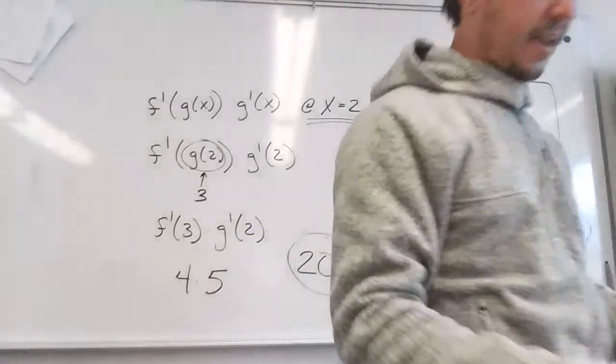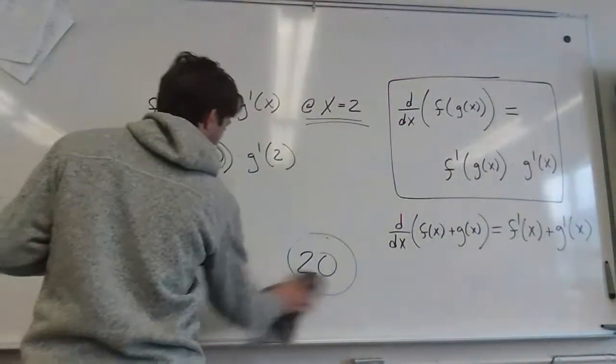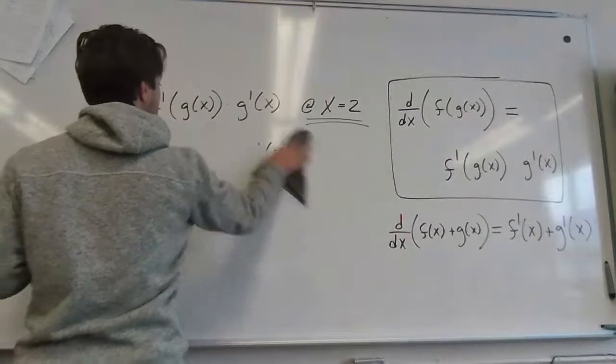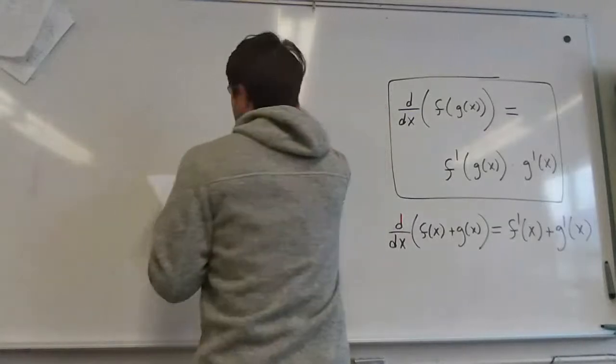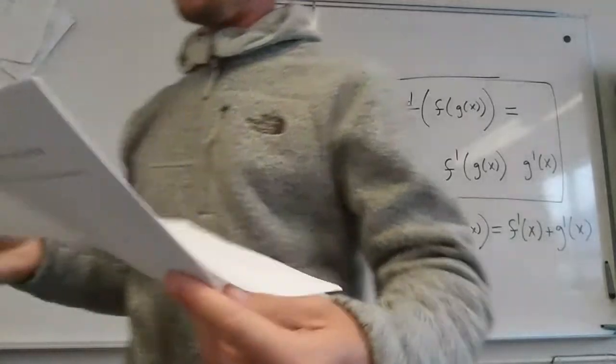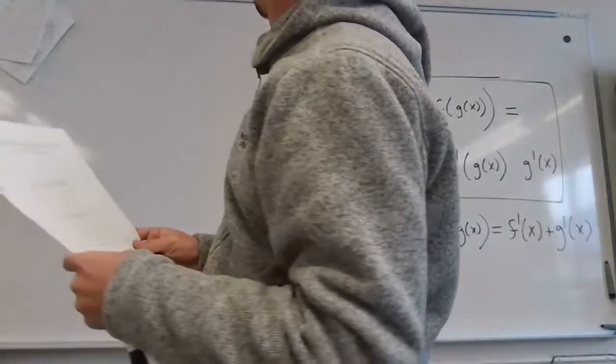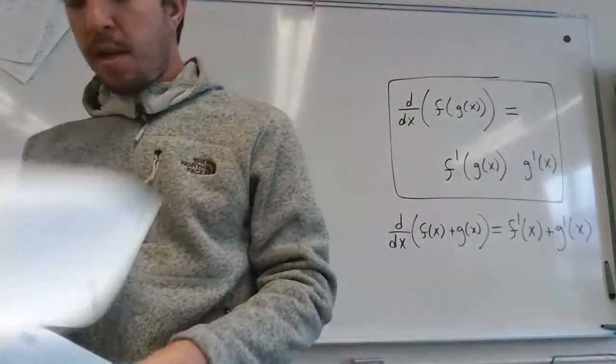So let's just do one together. It should make sense, hopefully. And then we'll end class with, if we have time, one or two examples from 25. Okay, yeah, we have plenty of time.